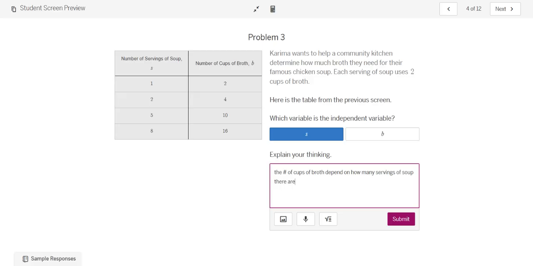And so I see it going this way, like the number of servings you want requires 2 cups of broth.